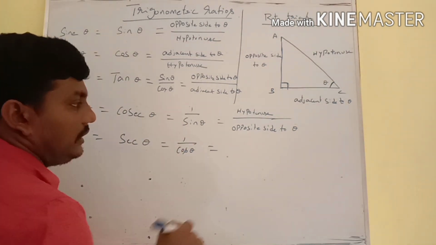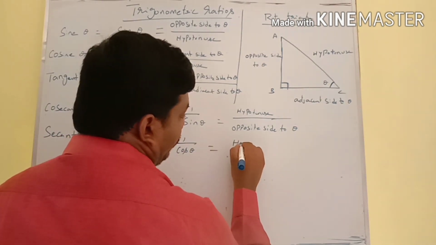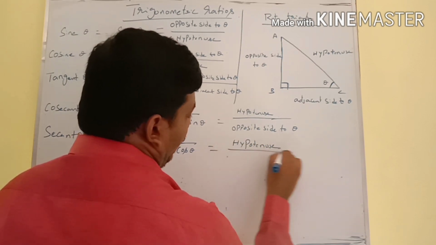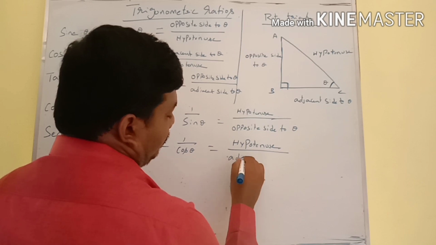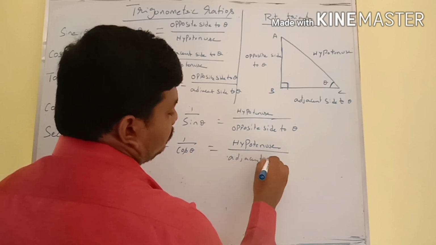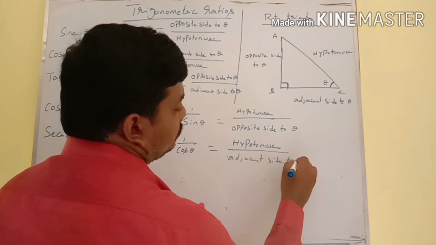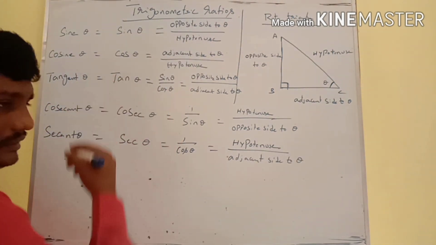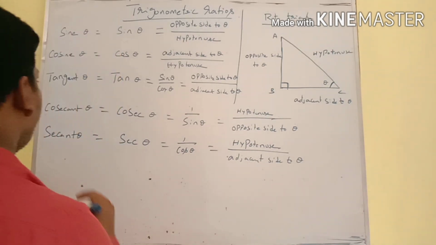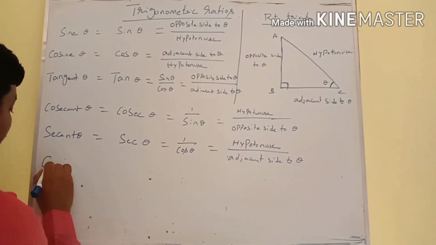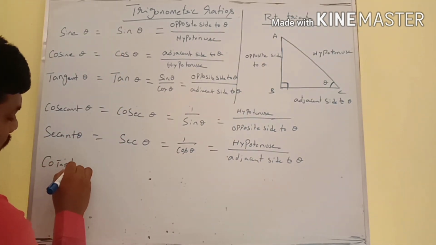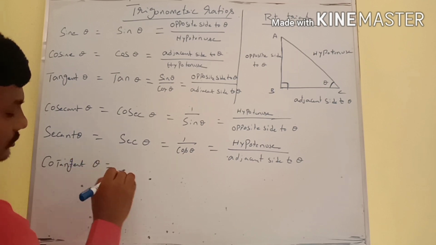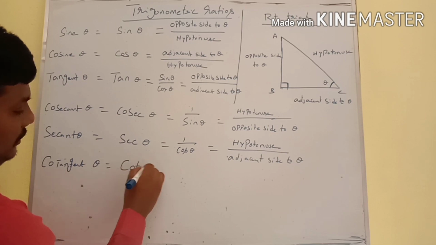Now this 1 by cos theta can be represented as hypotenuse by adjacent side to theta. Now the last trigonometric ratio is cotangent theta, abbreviated as cot theta.